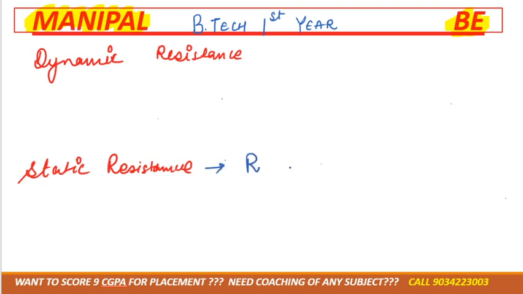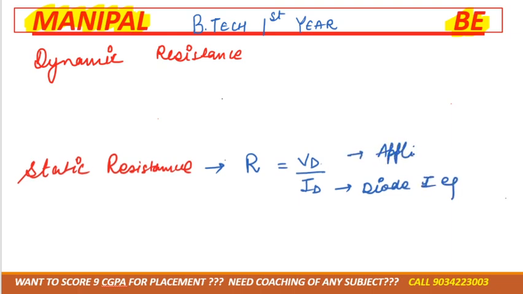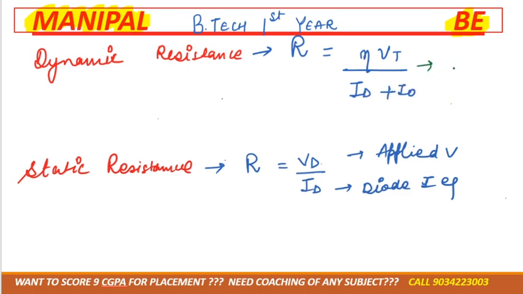Static resistance R is V by ID, where ID is the diode current equation and V is the applied voltage. Okay. And dynamic resistance RD is equal to eta V thermal divided by ID plus I naught. Okay.